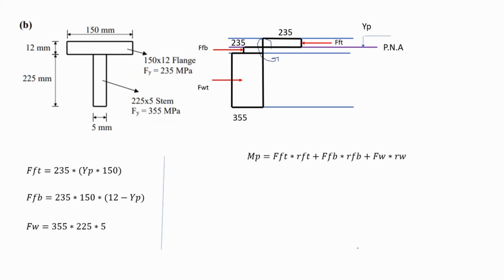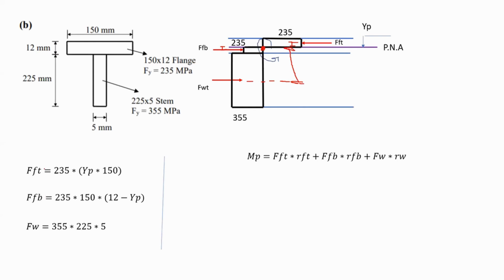All right, so now going back to the same equation, I'm going to consider the rotation about this point over here. Similarly to what we have done before, I will multiply each force by its moment arm. So this force multiplied by this moment arm, this force by the moment arm to the plastic neutral axis, and lastly this force to the plastic neutral axis.